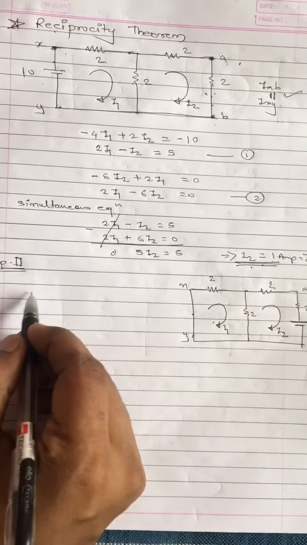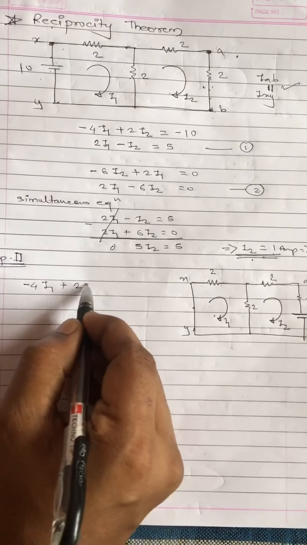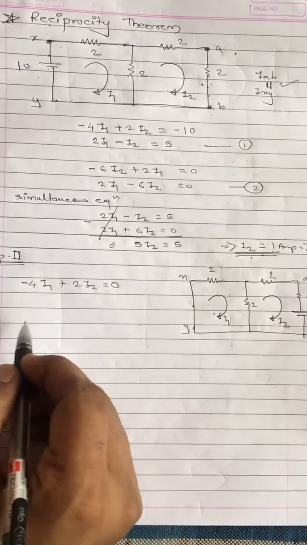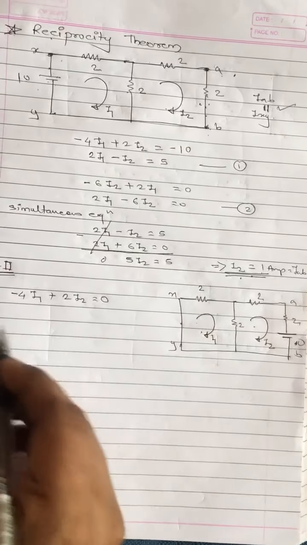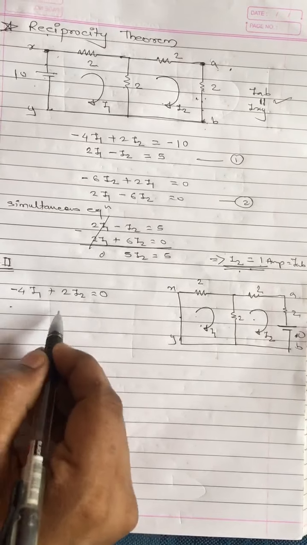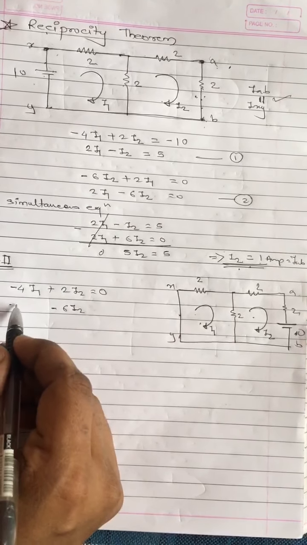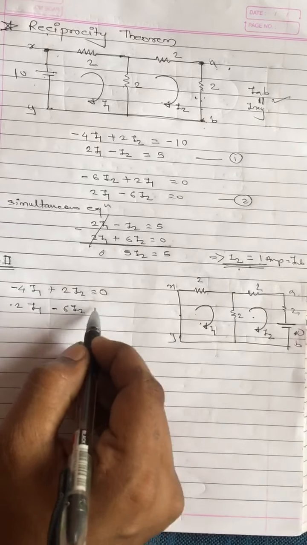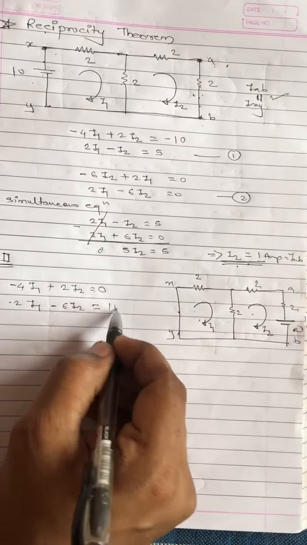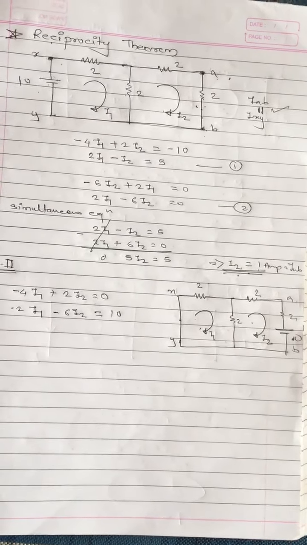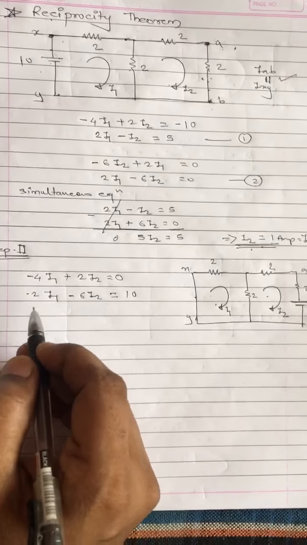Apply KVL here, it will be minus 4 I1 plus 2 I2 equal to 0, right? If I apply KVL over here in the second loop, it will be minus 6 I2 plus 2 I1 equal to 10, right? Now if I solve these two simultaneous equations again, see what I get.